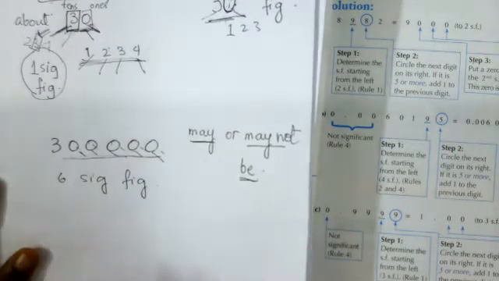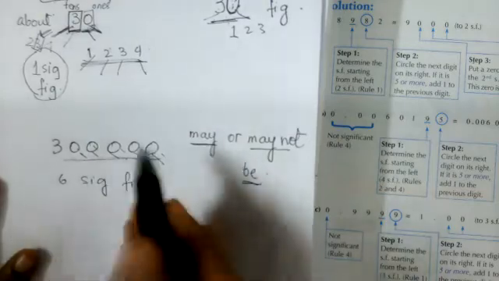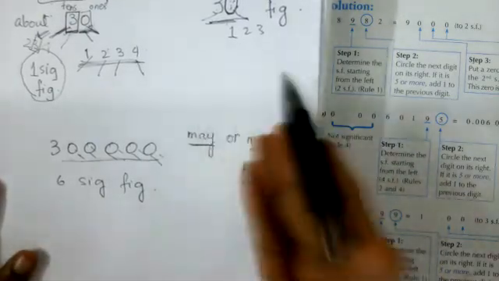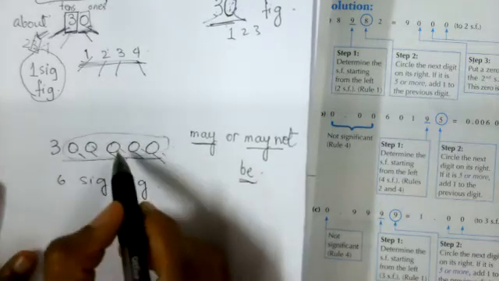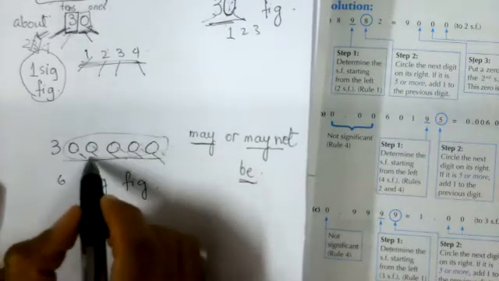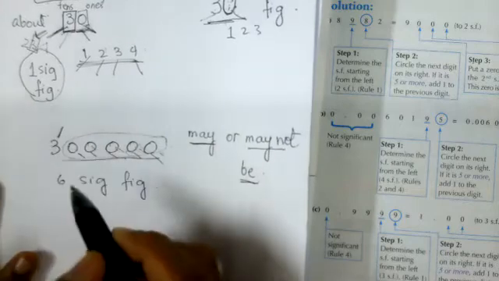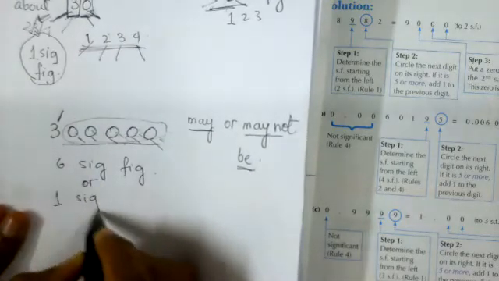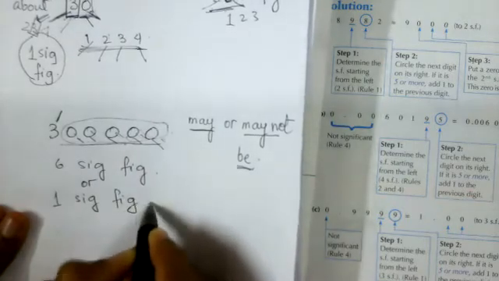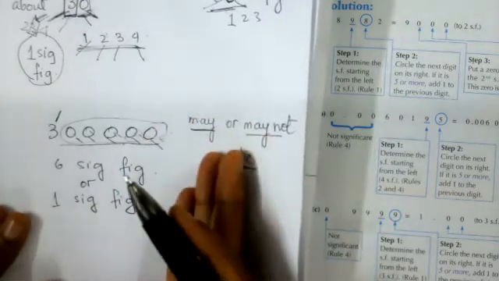And if you say, no, about 300,000, then that means you are not sure about any of these. They can be any digits. That means only this is significant. So it can also be only one significant figure depending upon how accurate this figure is.